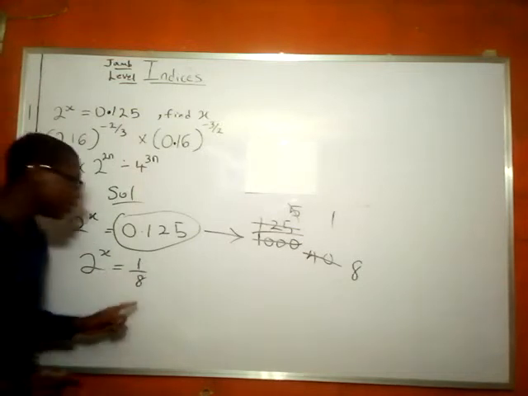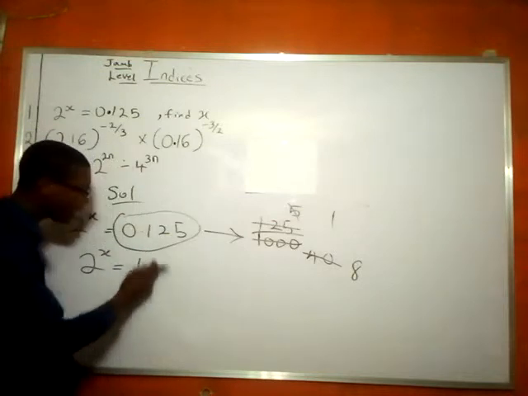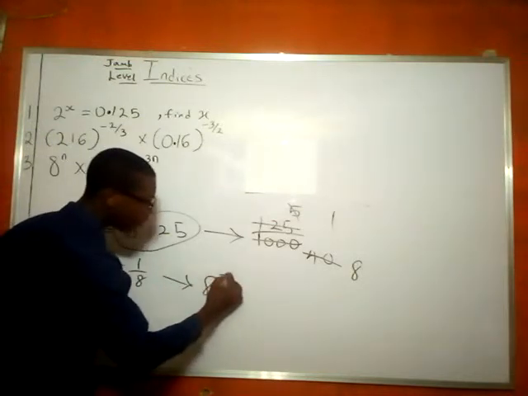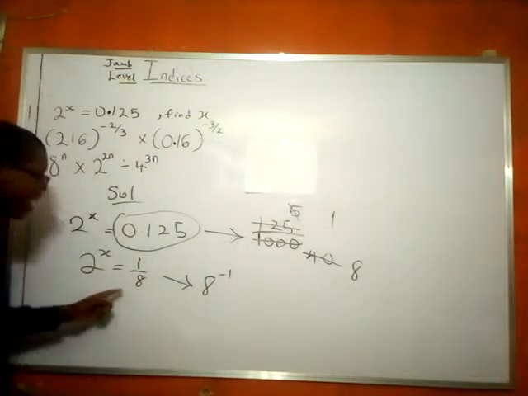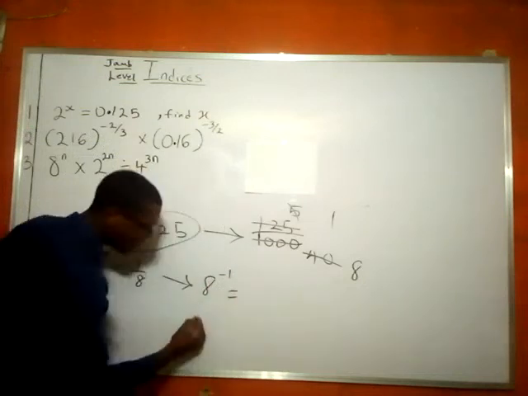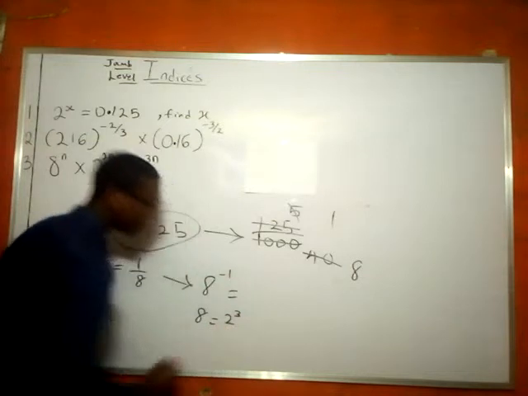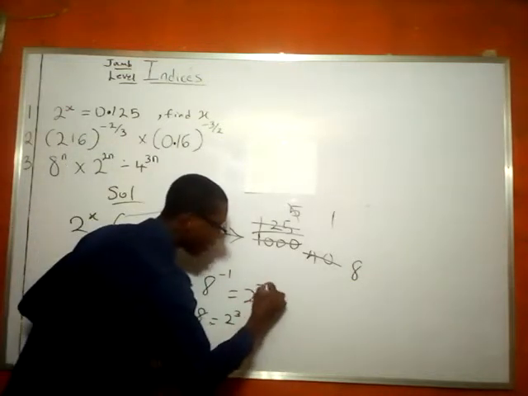In indices, we are taught that when we have something like this, it can be represented as 8 raised to power minus 1. But since 8 is equal to 2 raised to power 3, we will have 8 raised to power minus 1 as 2 raised to power minus 3.